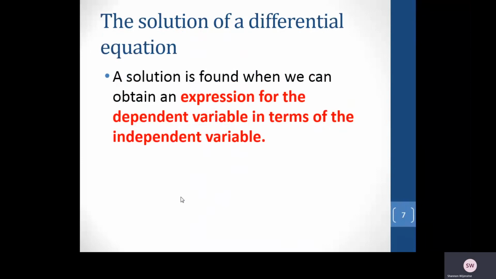Then this is the most important part: how to find the solution of a differential equation. The solution is found when we can obtain an expression with a dependent variable in terms of the independent variable.